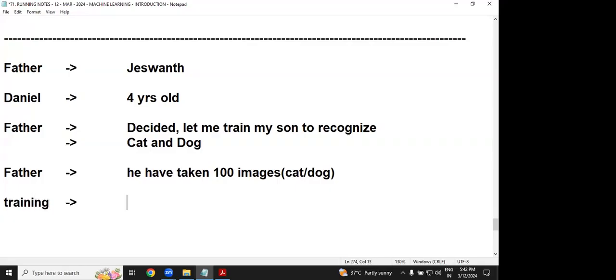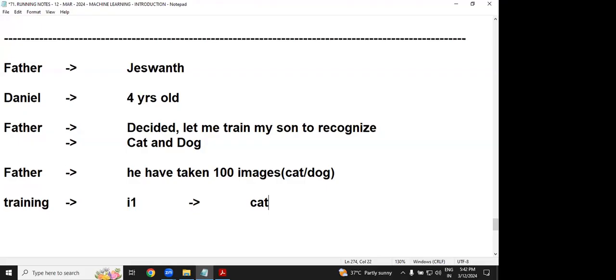Before training, I have zero knowledge. Image number one. My father tells me, dear son, it is a cat. Whenever my father says this is a cat, I observe each and everything. How many legs are there? How is the tail shape? How is the face shape? What is the body structure? These are all things I'm observing.